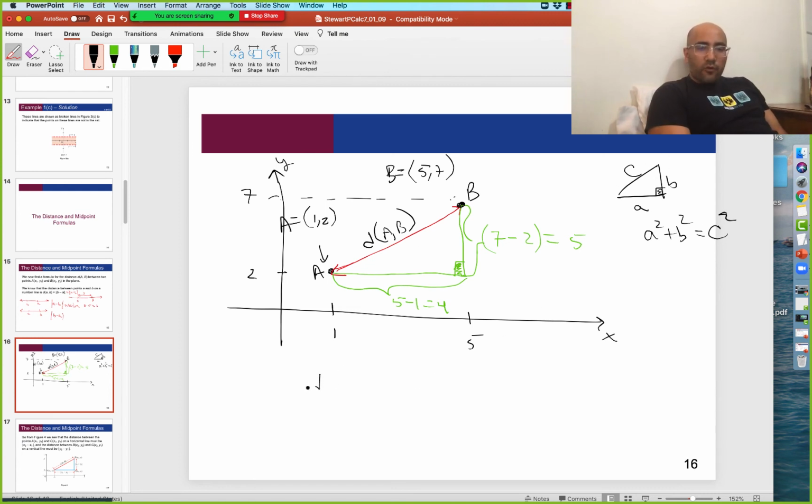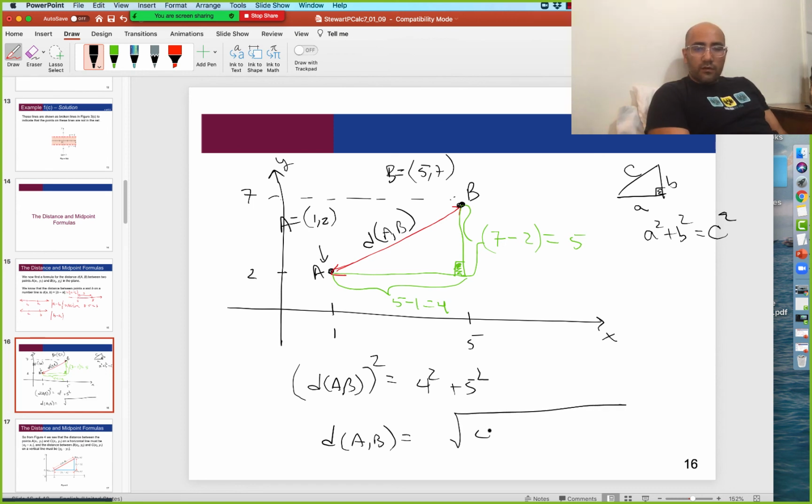So we get the formula that the distance between point A and point B squared must be equal to, just using these specific numbers, 4 squared plus 5 squared. And so then we can take the square root of the whole thing. The distance between A and B must be equal to the square root of 4 squared plus 5 squared.